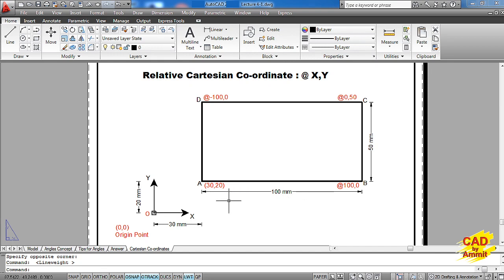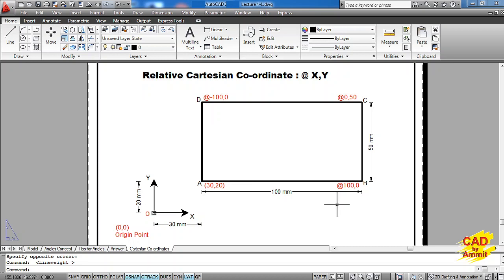So let's get started from point A. The Cartesian coordinate for point A is to be taken as an absolute Cartesian coordinate because this is the first point of our drawing. So we'll take this as 30, 20. But for point B, we are going to put relative Cartesian coordinate format.